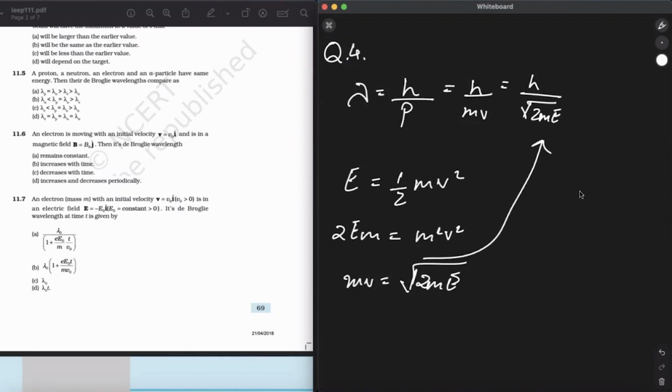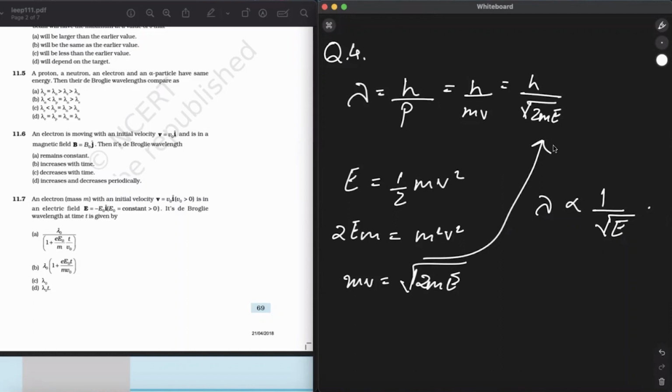This means that lambda is proportional to 1 upon under root of E. Now, in the question it has been given that the proton, neutron, electron, and alpha particle have the same energy. Then how can the de Broglie wavelengths be compared? We have to consider the mass, because energy is constant, so we cannot differentiate these particles on the basis of their energy.